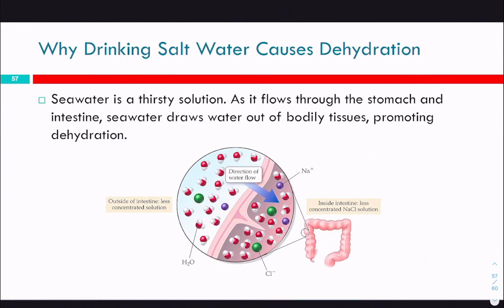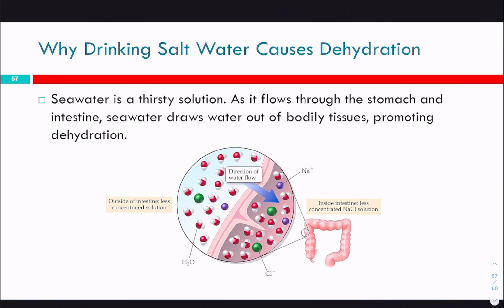This is why seawater is a thirsty solution. This is probably the biggest reason you can't drink seawater, because it's a very, very concentrated salt solution. That's why it tastes so awful. But when you drink it, and that comes into contact with your stomach lining and the lining of your intestines, that concentration of salt in the seawater is higher than the concentration of salts in your body.